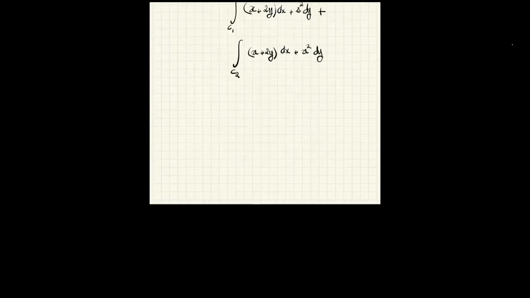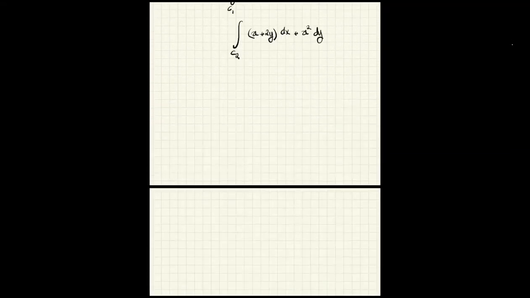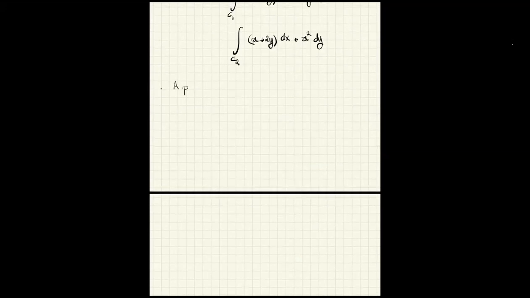Okay, so a parametric equation of C1 is given by x(t) equals t and y(t) equals 1 over 2 t, with t between 0 and 2.